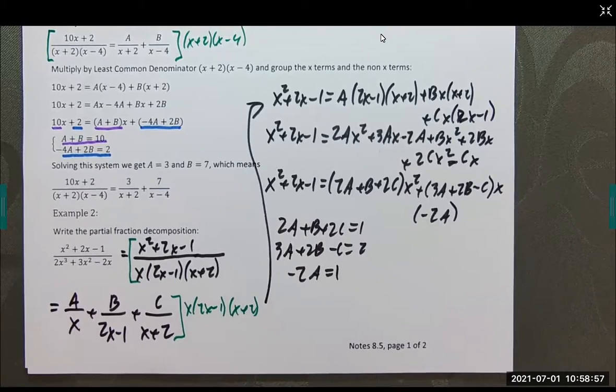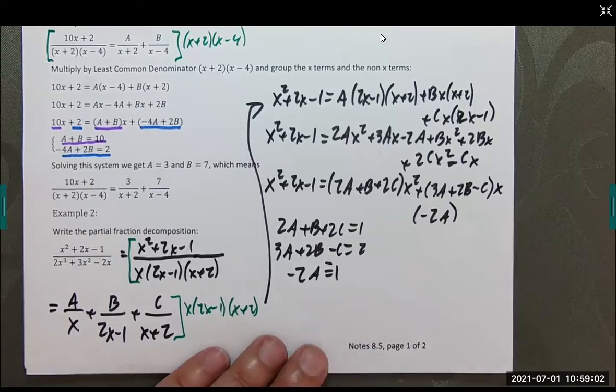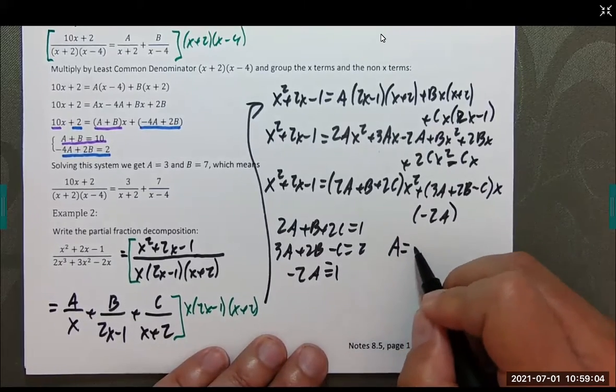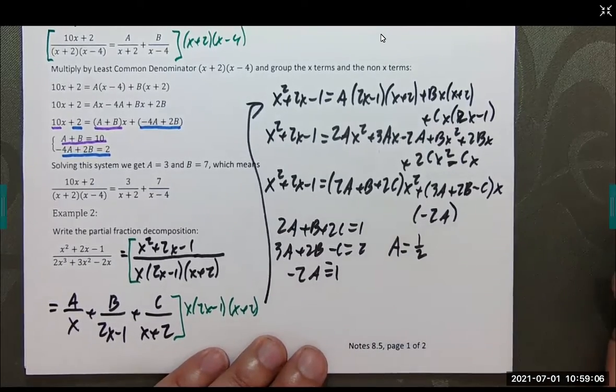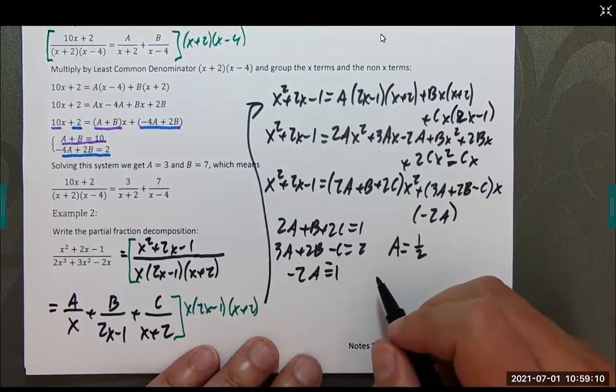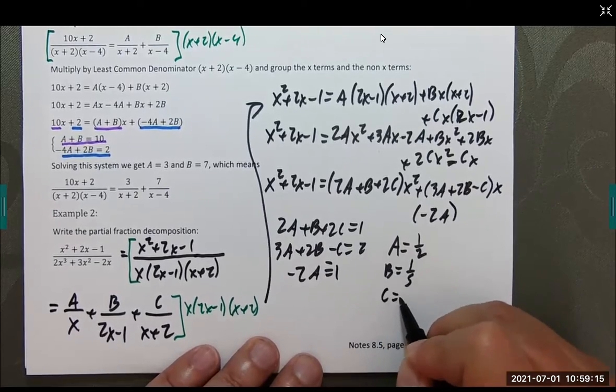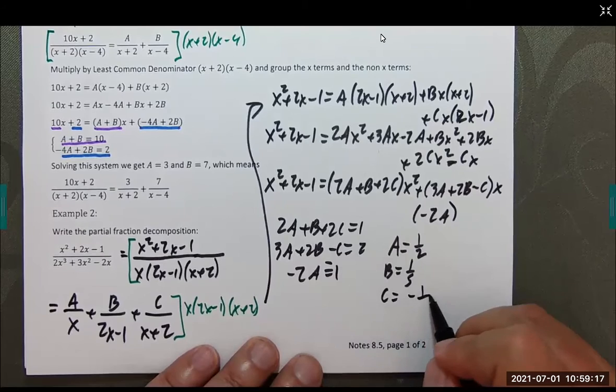And negative 1. Very clearly, we can see right away that a is 1/2. And that's going to give us, plugging that in, that b is 1/5 and c is negative 1/10.